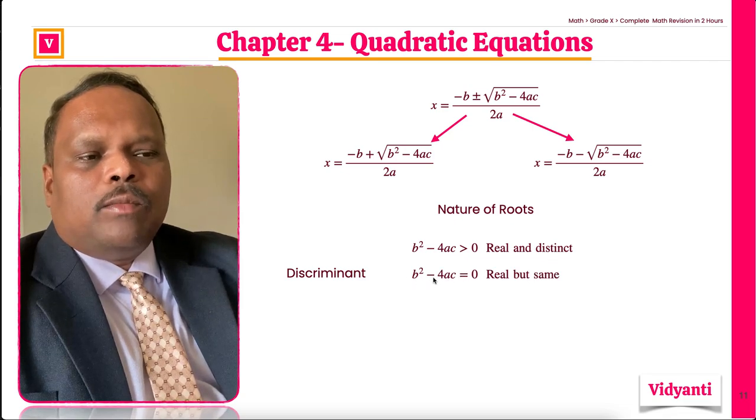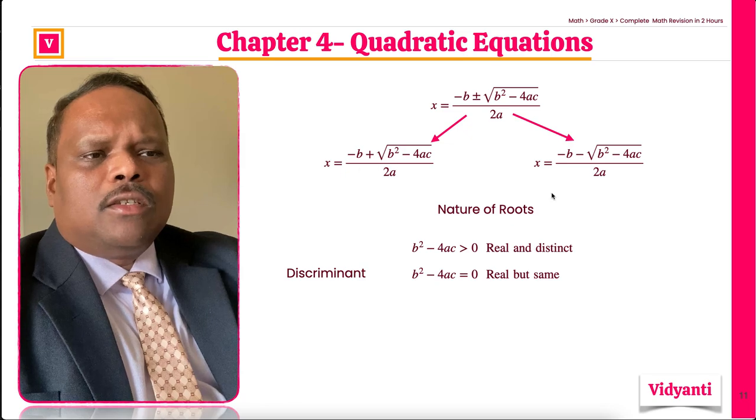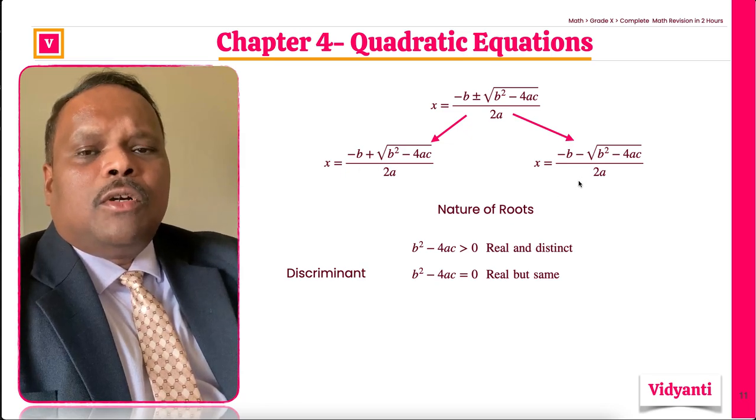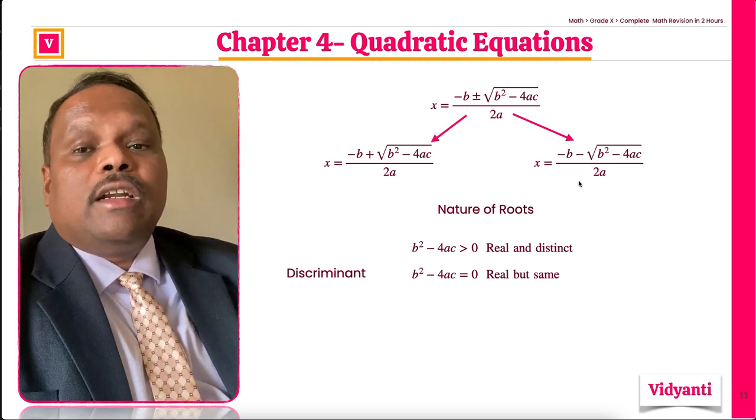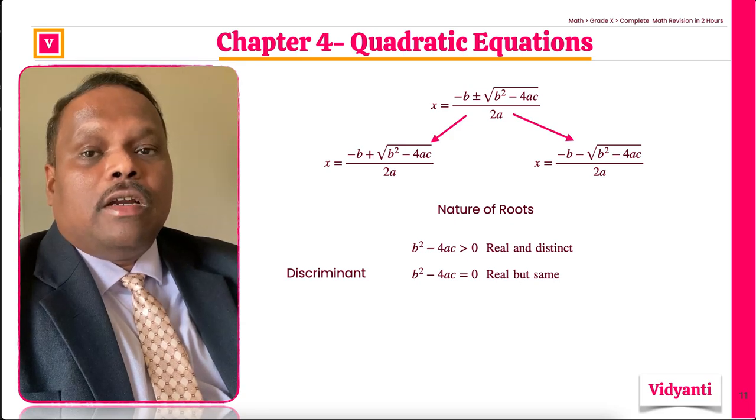As opposed to that, if b square minus 4ac is 0, that means there is nothing under the square root, and the square root of 0 is 0. So minus b plus nothing and minus b minus nothing. You will get this root and this root exactly identical, because the thing which was supposed to create differentiation or discrimination, that discriminant itself, was missing.